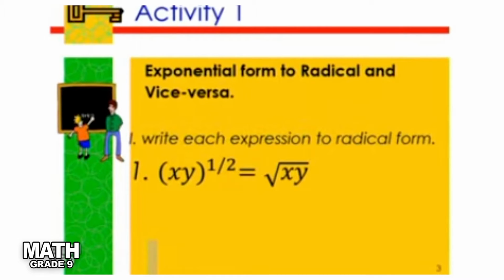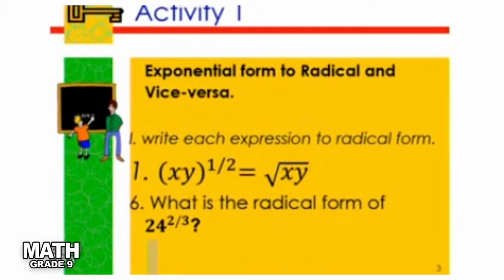Now, it's your turn to answer item number 6. What is the radical form of 24 raised to 2/3? I repeat, what is the radical form of 24 raised to 2/3?